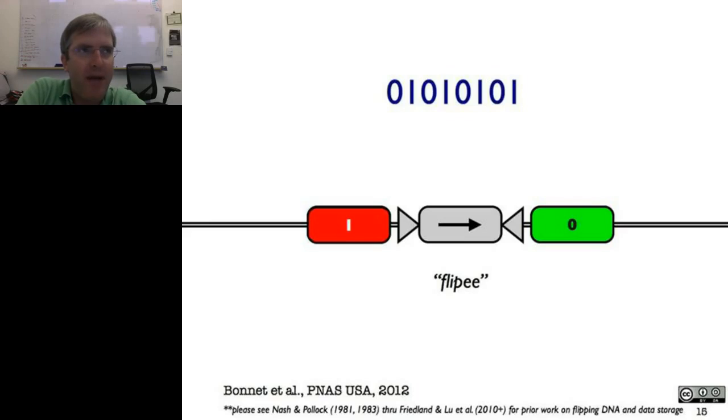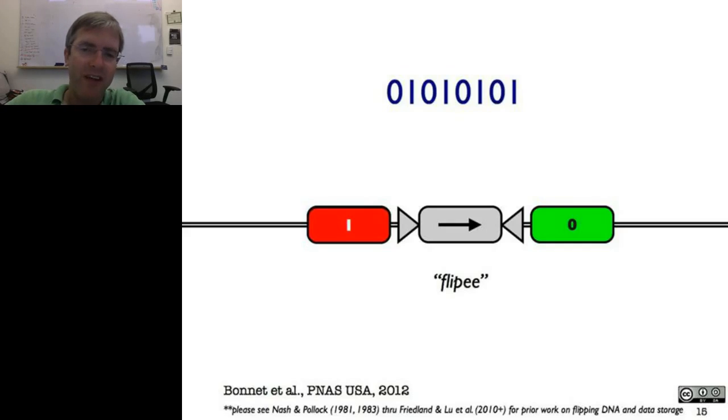And the neat thing about double-stranded DNA is because you've got the 5' to 3' directionality of the backbone of DNA, you can basically have DNA in one of two orientations, pointing in one direction or pointing in the other direction. And that's it. As a molecule, the orientation of a DNA sequence within the context of a larger DNA fragment is perfectly digital at the single molecule level. Now that's obvious when you think about it, but you got to think about it.